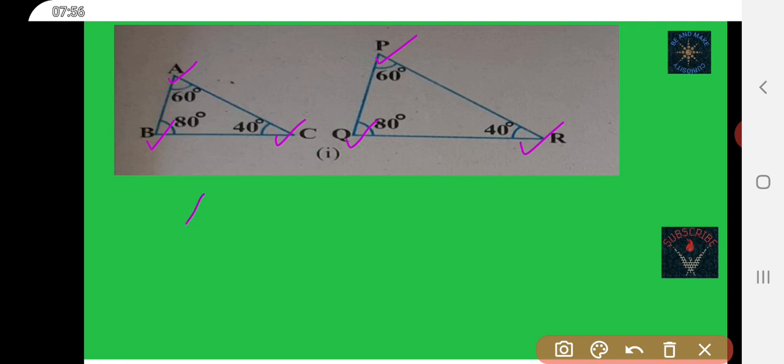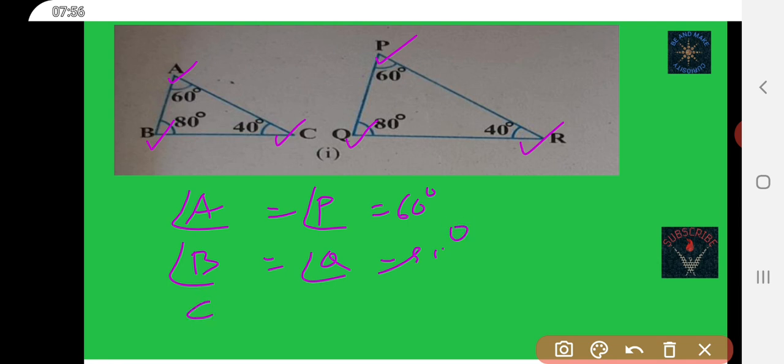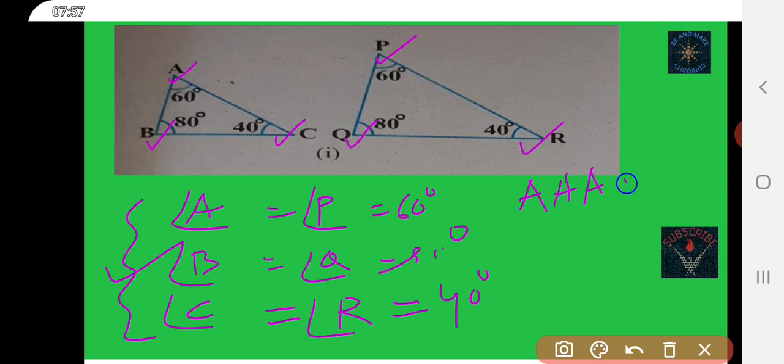So angle B is equal to angle Q, that is 80 degrees, and angle C is equal to angle R, which is 40 degrees, and the corresponding angles are equal, so they satisfy the AA similarity criterion.